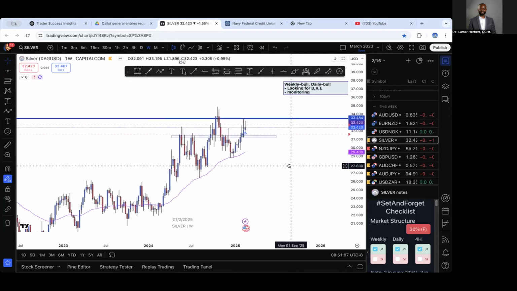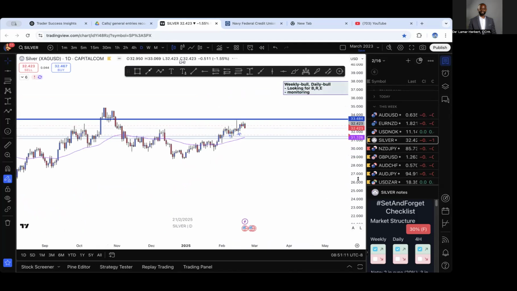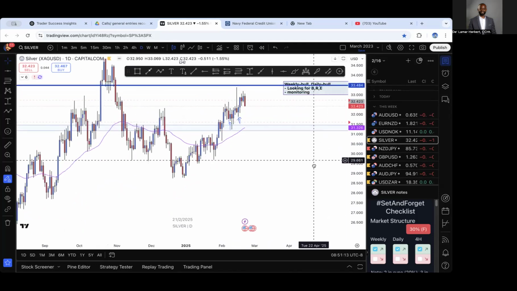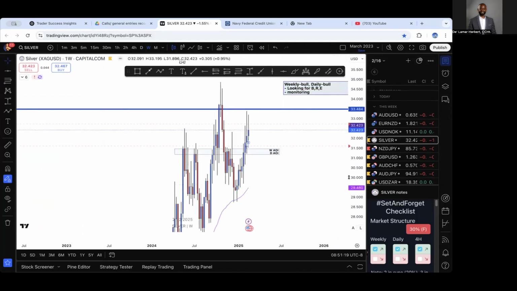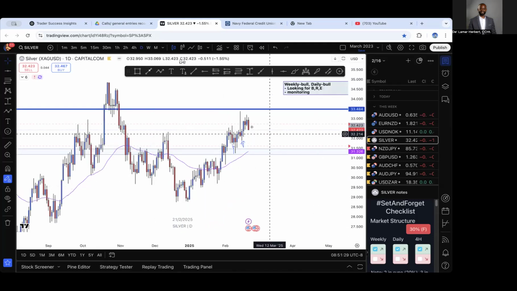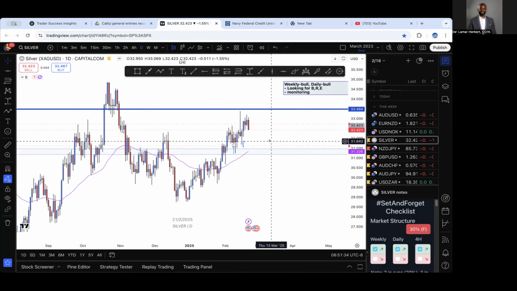Silver weekly is currently bullish. Daily is currently bullish. So we are in sync there. Price has already started moving away, so it's kind of at the higher high right now. We would need to see a pullback. I would like to see a pullback, which on the daily can start happening.